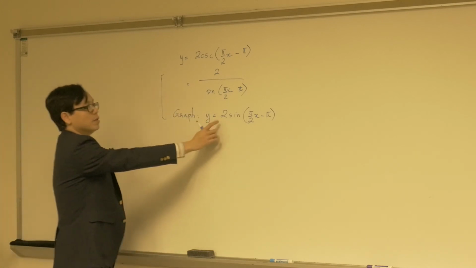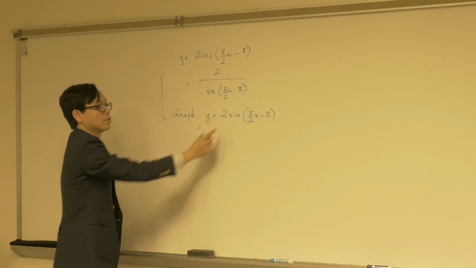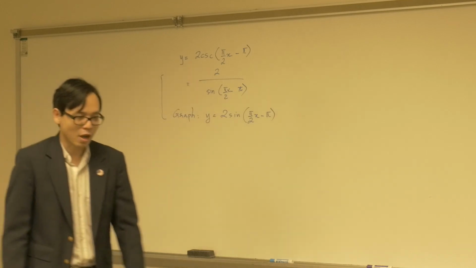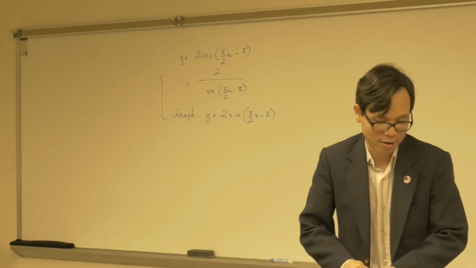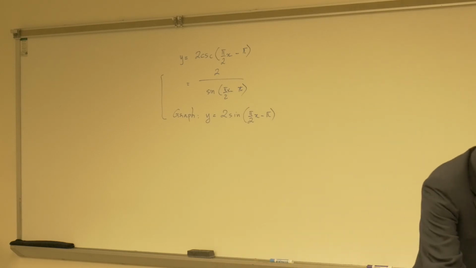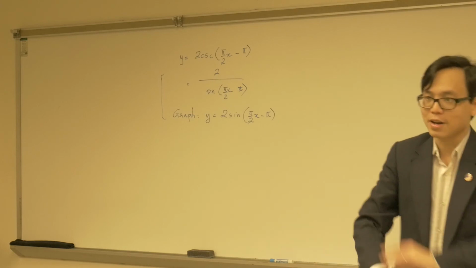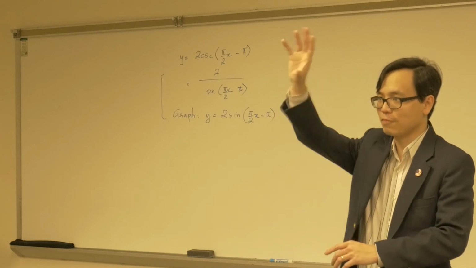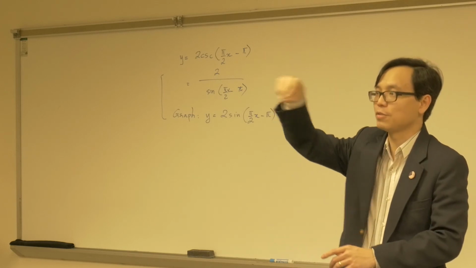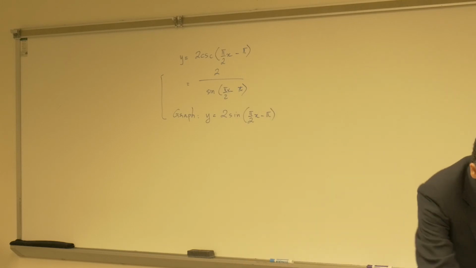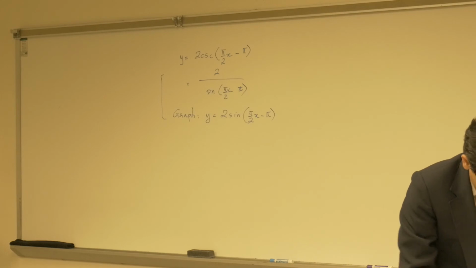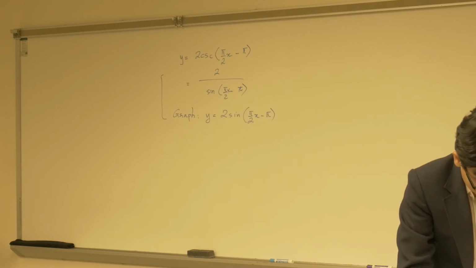The amplitude you have to carry on, with 2, not 1 anymore. All right, got it? Other than that, everything's good, the graph's still the same. The amplitude is still 2, and we flip it over, so we still start at 2.